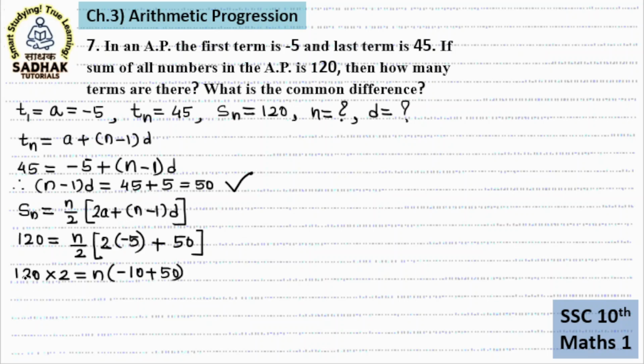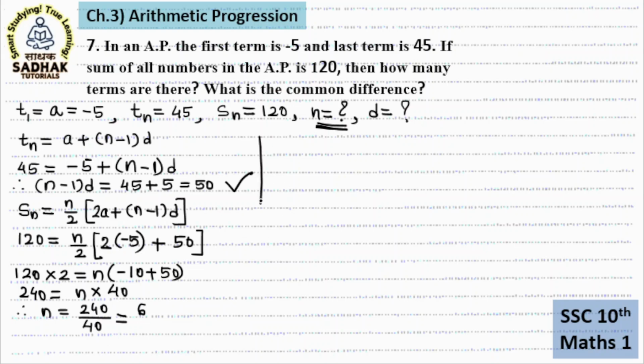So 120 multiplied by 2 is 240, equal to n multiplied by minus 10 plus 50, which is 40. Therefore n is equal to 240 upon 40, because when this 40 goes here, it will become division. So 240 divided by 40 gives us 6. So one part of the sum we have solved. n is equal to 6.